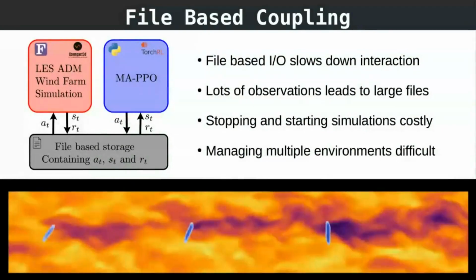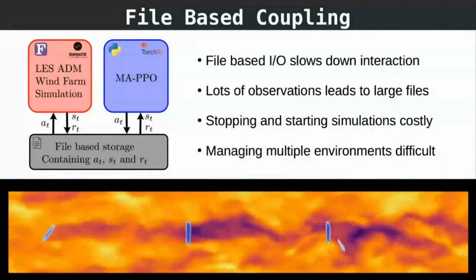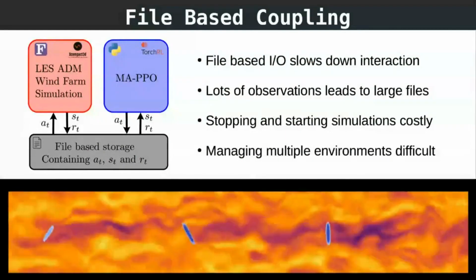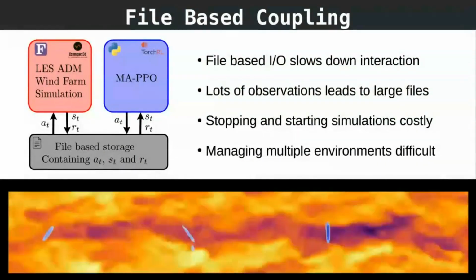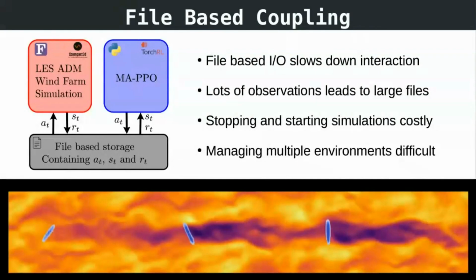We could train it for a short amount of time. However, we had a number of issues. The I/O was slowing down the interaction as we were trying to write to file. As we increased the number of observations we were making in the flow, this led to relatively large files that we were having to write to very often. And then we were also having to stop and start these simulations, which was very costly.